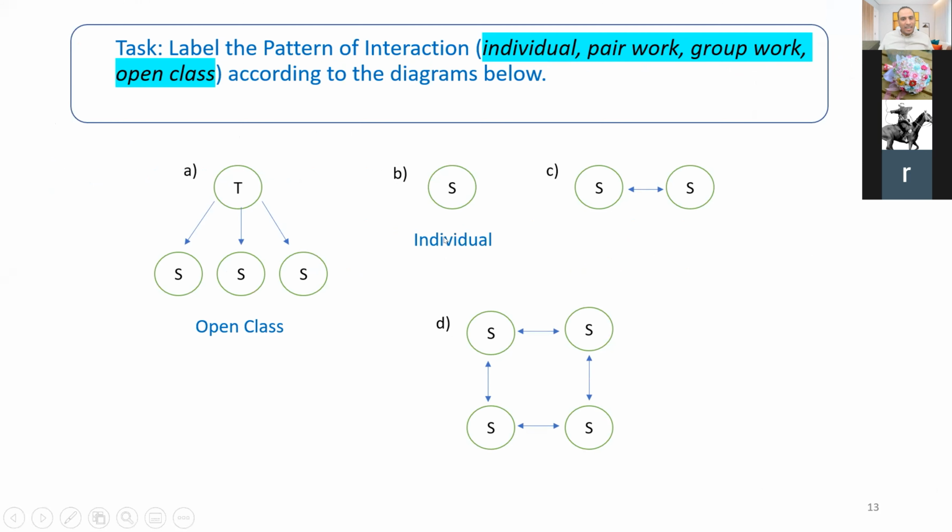Individual. Yes, individual. So you ask the students to work individually to do something by typing in the chat or typing on the Padlet, or even there is an application or a website which is called whiteboard.fi. Have you ever tried this application? It's a website.